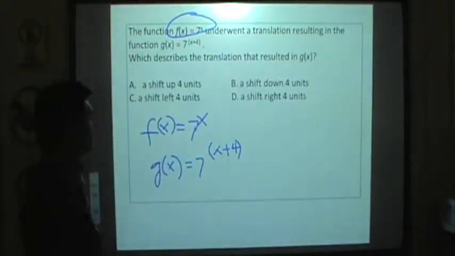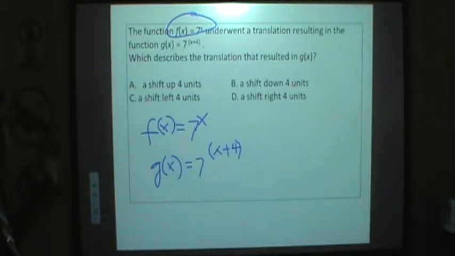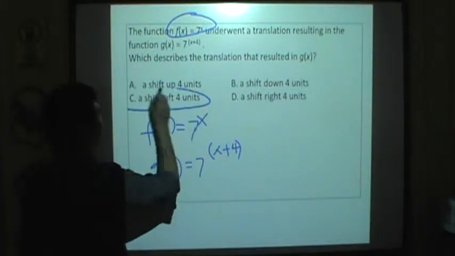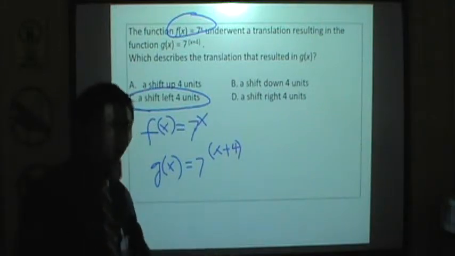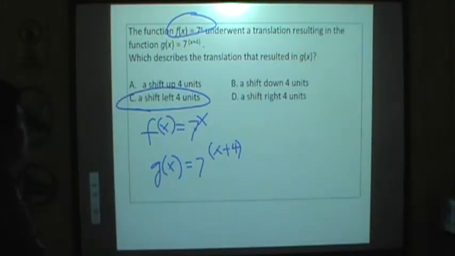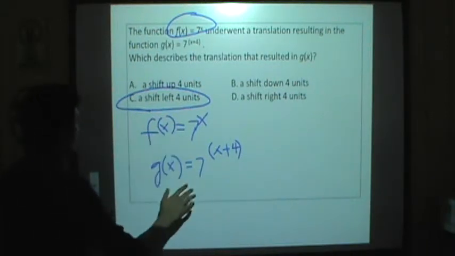You will know that the graph will be shifted 4 units to the left. If you want to verify that, use your calculator; your graph will be shifted 4 units to the left. Again, if you want to pause it to have a better understanding, go ahead.